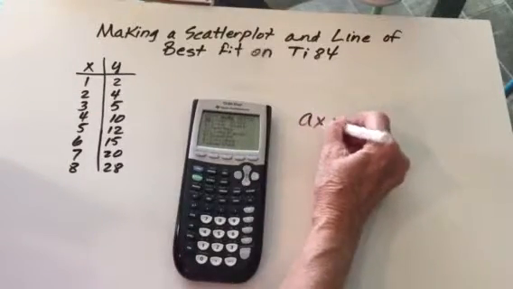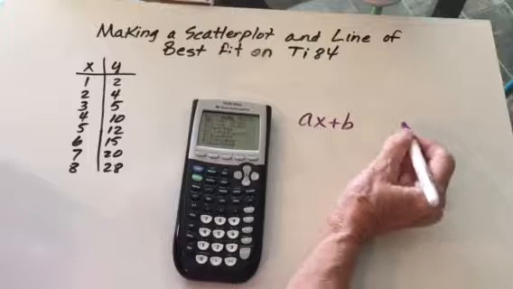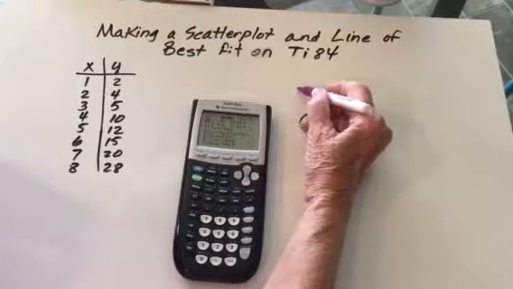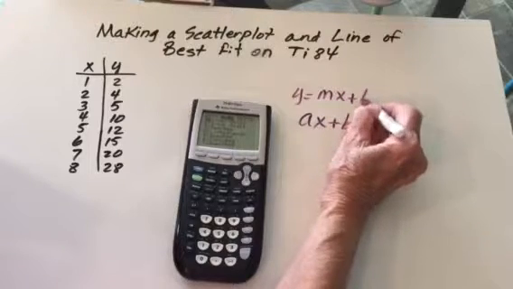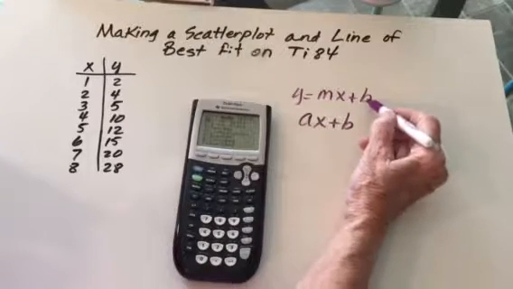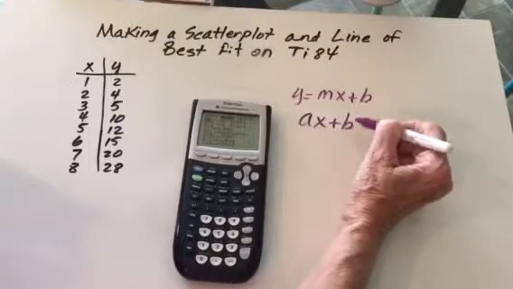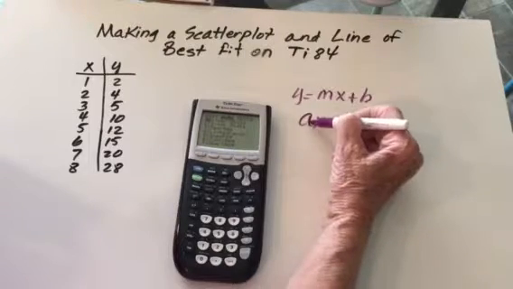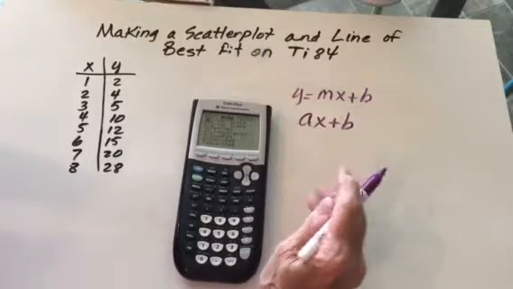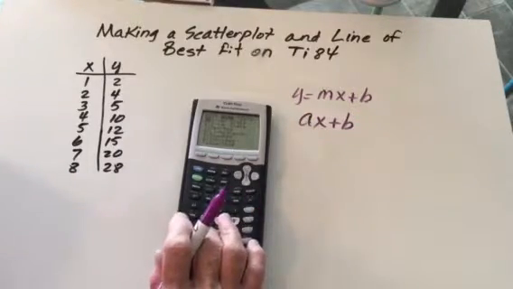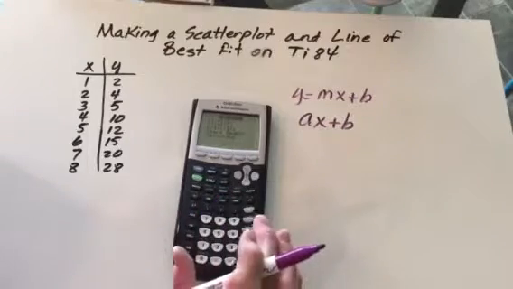AX plus B. Have you ever heard of Y equals MX plus B? The y-intercept, the slope. Now listen, they're calling A the same as M, just so you know. So we're going to go down to number 4, or we just push number 4, either way.